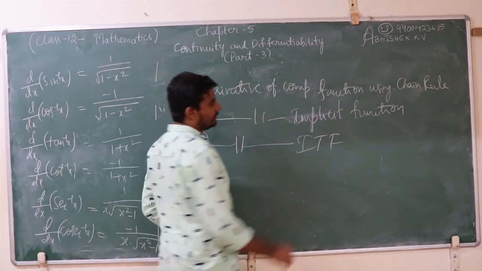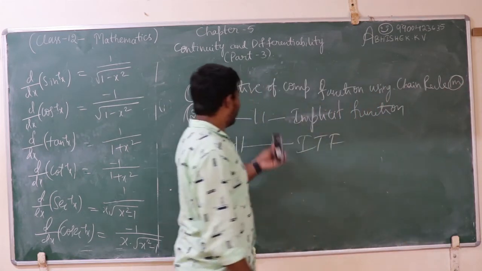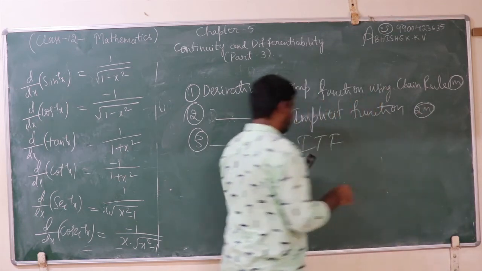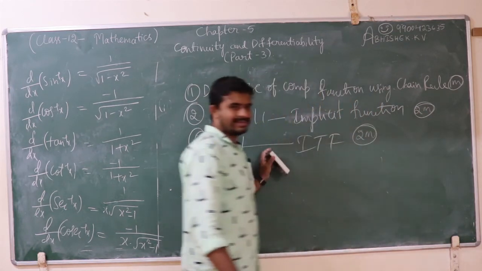From this, you get a 1 mark question for your annual examination, and from this, you get 2 mark questions, and from this also, you get a 2 mark question for your annual examination.